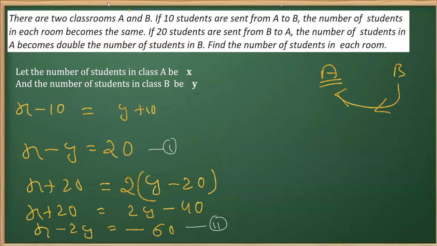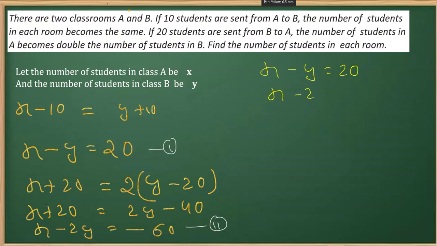Now, once we obtain the second equation, we are going to use the elimination method to solve this. So we have the first equation as x minus y is equal to 20, and the second as x minus 2y is equal to minus 60.